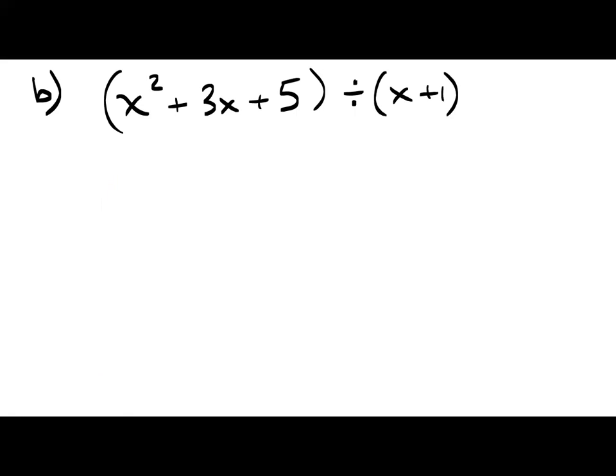Yep, it is x squared plus 3x plus 5. Ben, ready, copying? x squared plus 3x plus 5. I'm going to divide that by x plus 1. All right, let you guys try it yourself. Go for it. Rewrite it in terms of the long division.